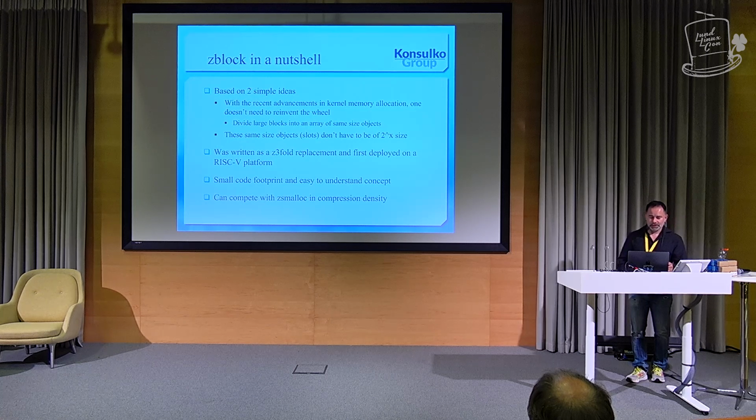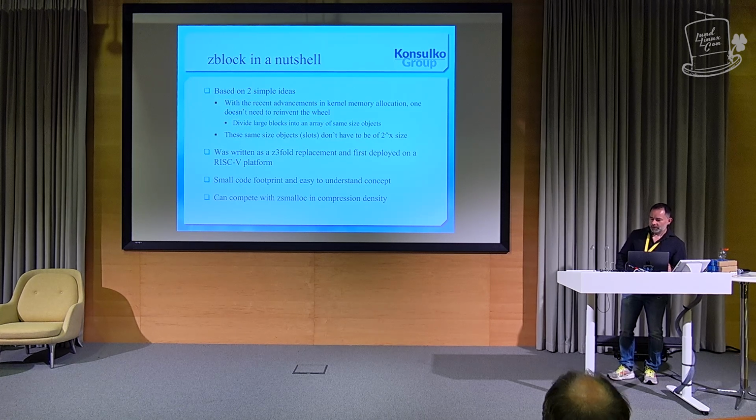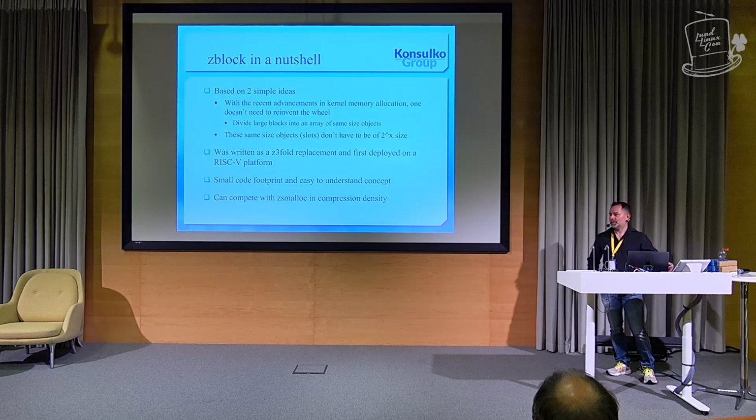And it is based on 2 simple ideas. The first idea is that with the recent advancements in kernel memory allocation, especially in the vmalloc vmap interface, we don't need to reinvent the wheel and do the very complex allocations that ZSmalloc is doing.